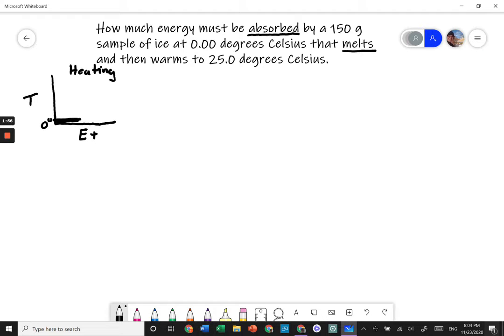After it has melted entirely from a solid to a liquid, then it can start to increase its temperature. And then 25 degrees Celsius is where the problem ends. 0 degrees Celsius is where it starts, and we know that it started off as ice.